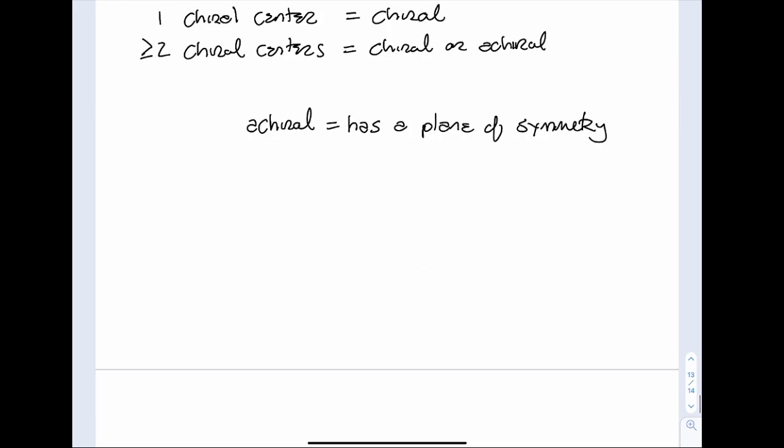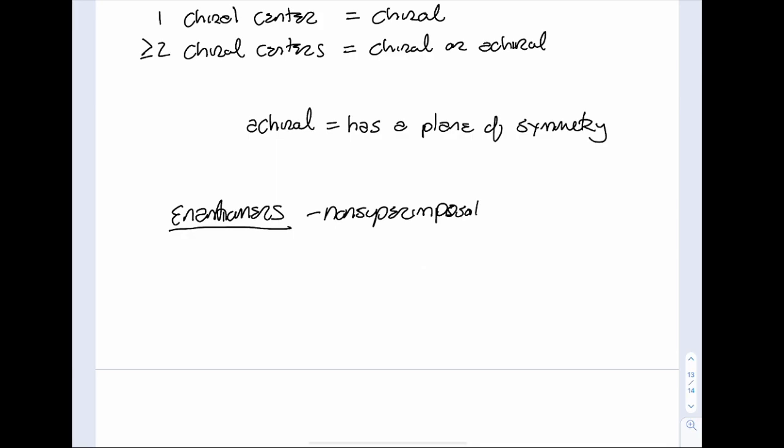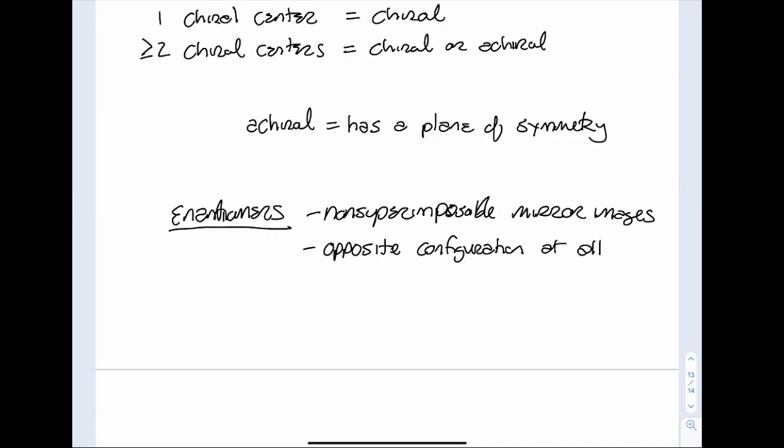The types of stereoisomers that we saw in this chapter, we had enantiomers. So these were our non-superimposable mirror images, right? If we were going to assign R and S configuration, they're going to have opposite configuration at all chiral centers.